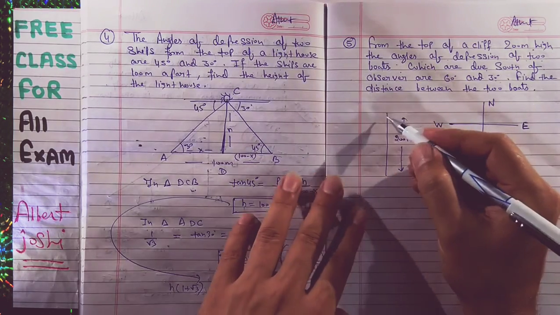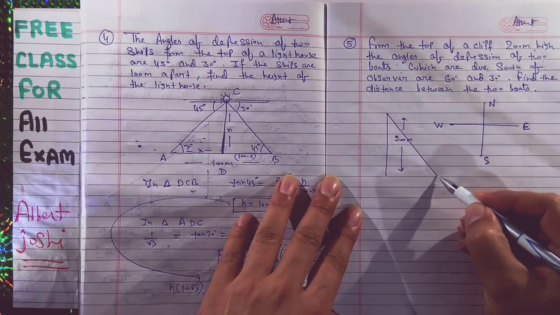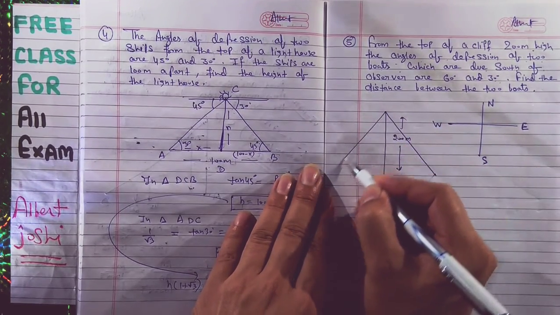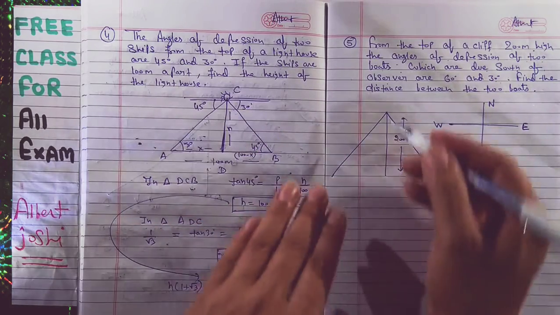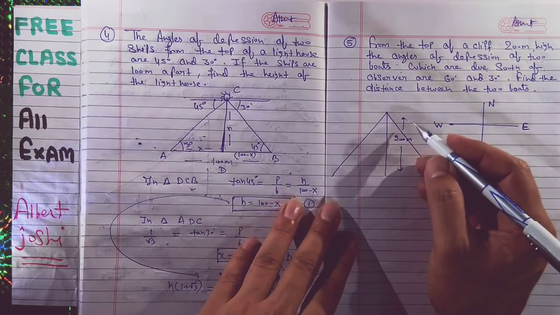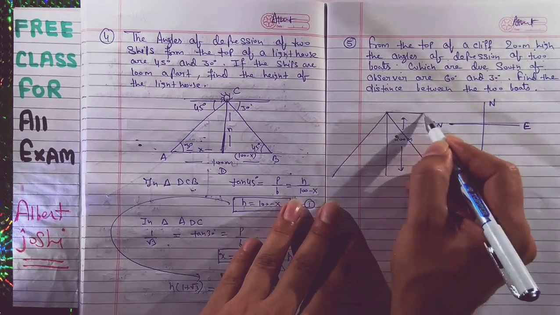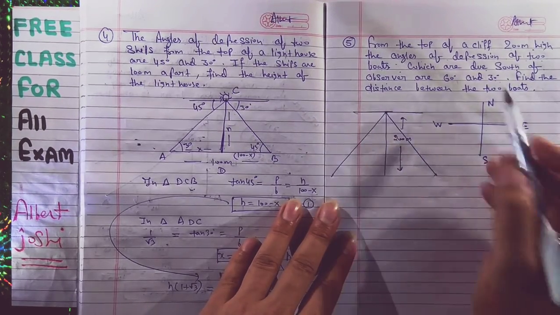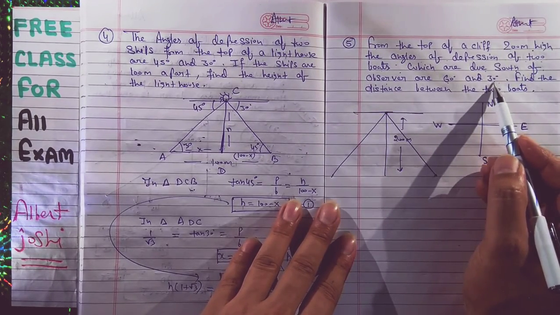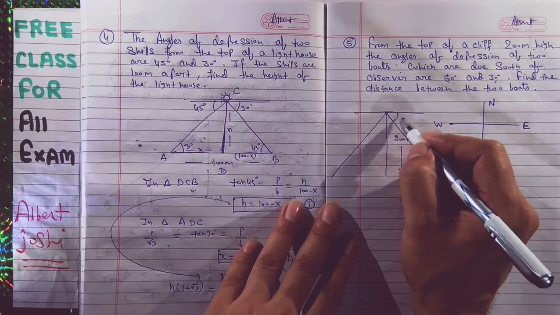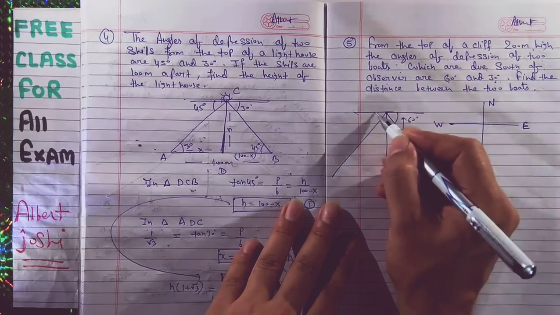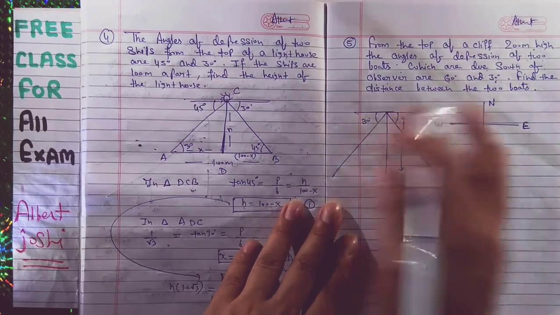It means that one is here and one is here, both in the south. I cannot draw the 3D, so these are here. So one angle is 60 degrees and one angle is 30 degrees. So let this be 60 degrees and this be 30 degrees. You can take anywhere, no problem.